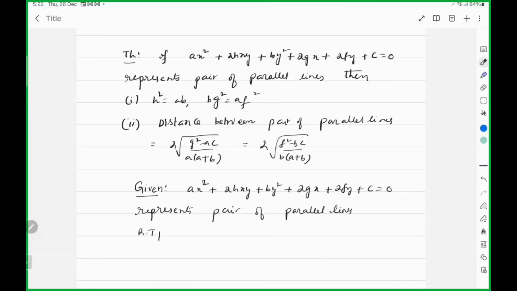Required to prove is, first part h square equals ab and bg square equals af square. Second part, the distance is 2 root of f square minus bc by b into a plus b.